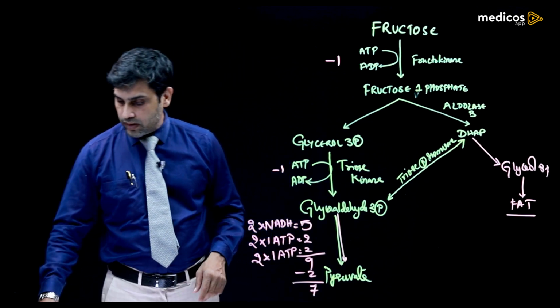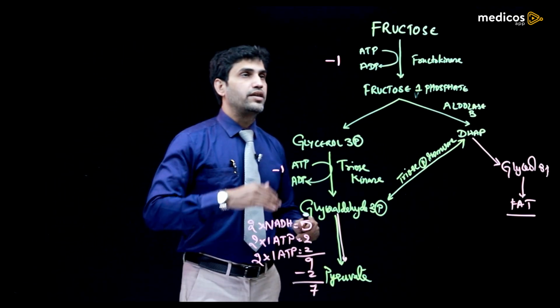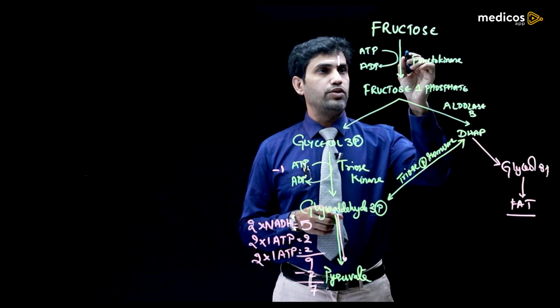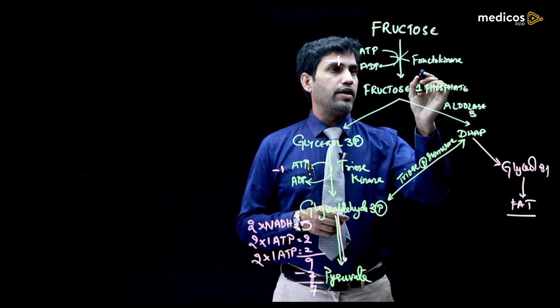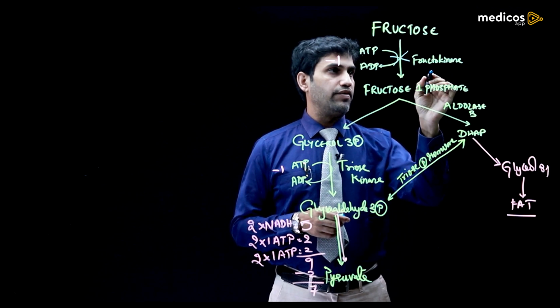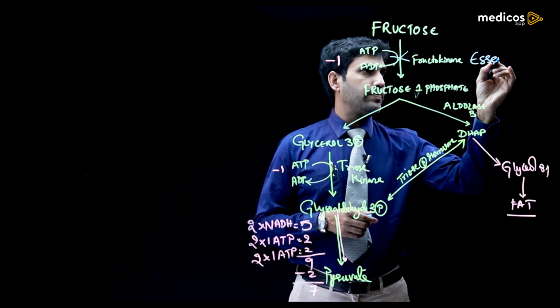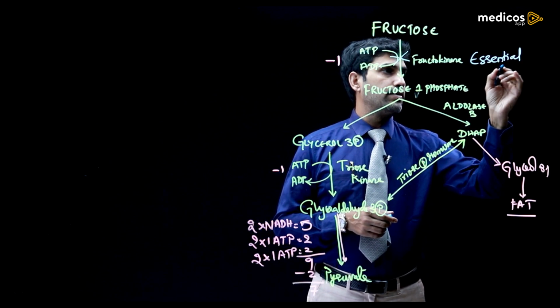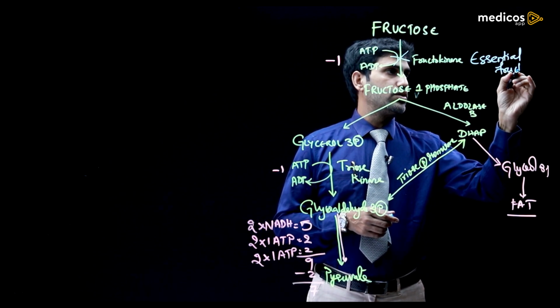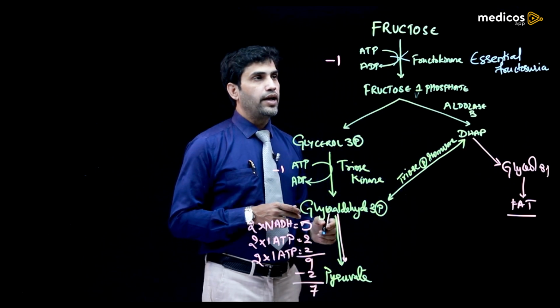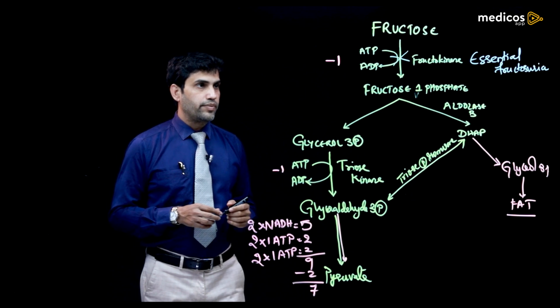Now, there are two disorders associated with fructose metabolism. One is essential fructosuria. If fructokinase is deficient, it will lead to essential fructosuria.